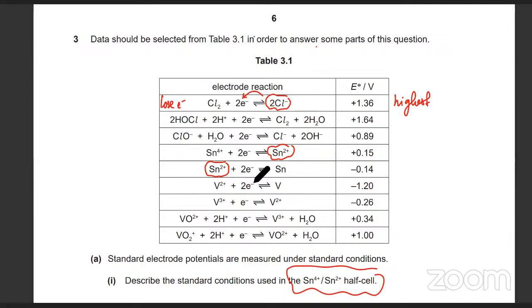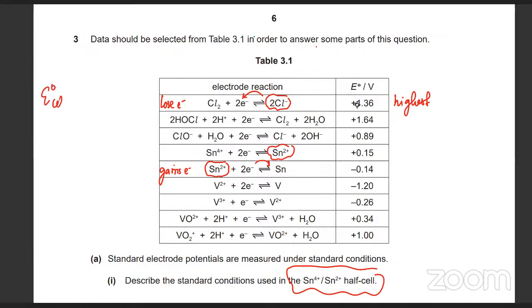Sir, so that means the Sn2+ would be the one gaining electrons, right? But that's not going to happen, because the electrons are gained by the higher potential and lost by the lower potential, which is not true in this case. So if by force I do this reaction, what is the E0 cell?